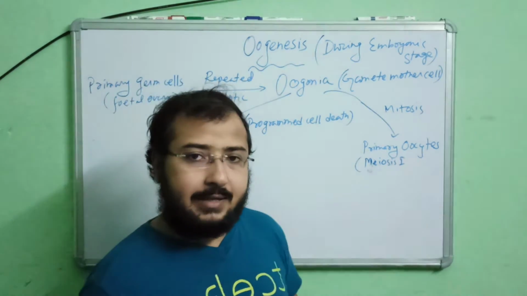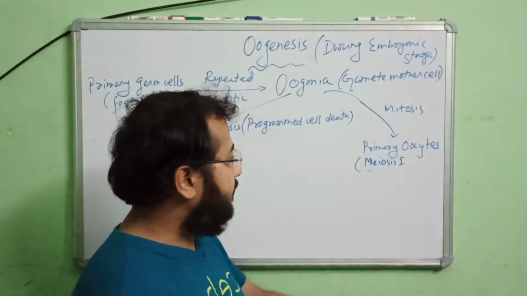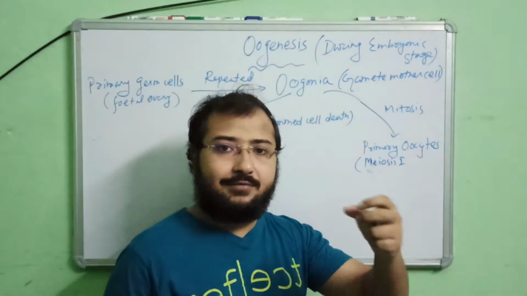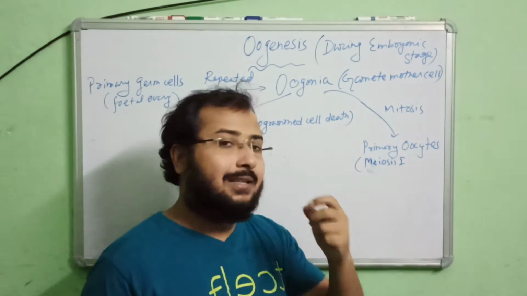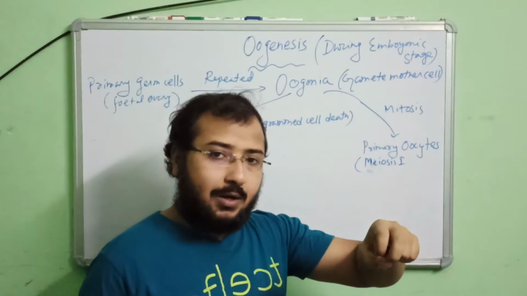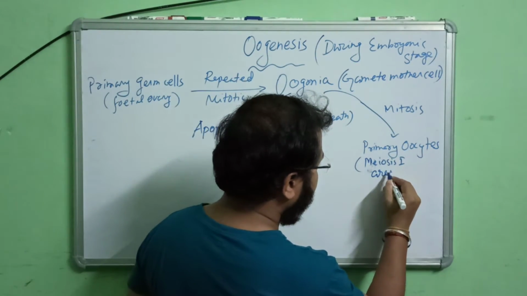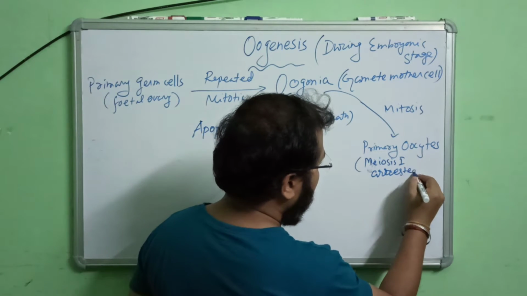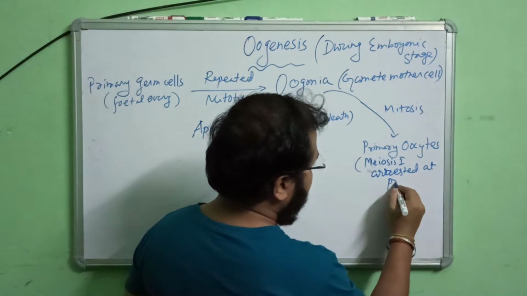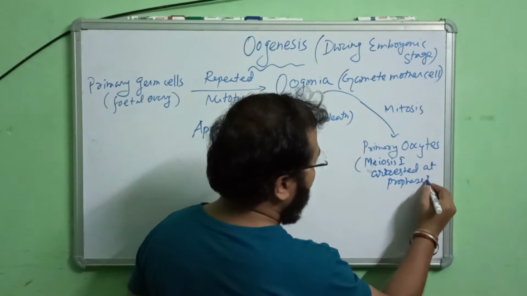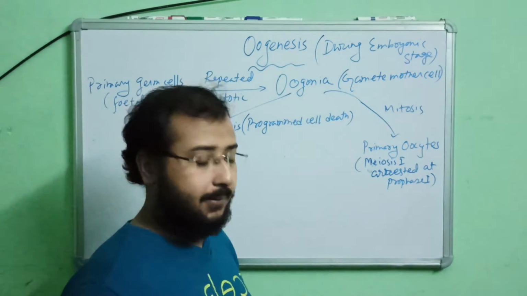The primary oocyte, for some time, undergoes prophase 1 and it arrests there, arrested at prophase 1 of meiosis 1.